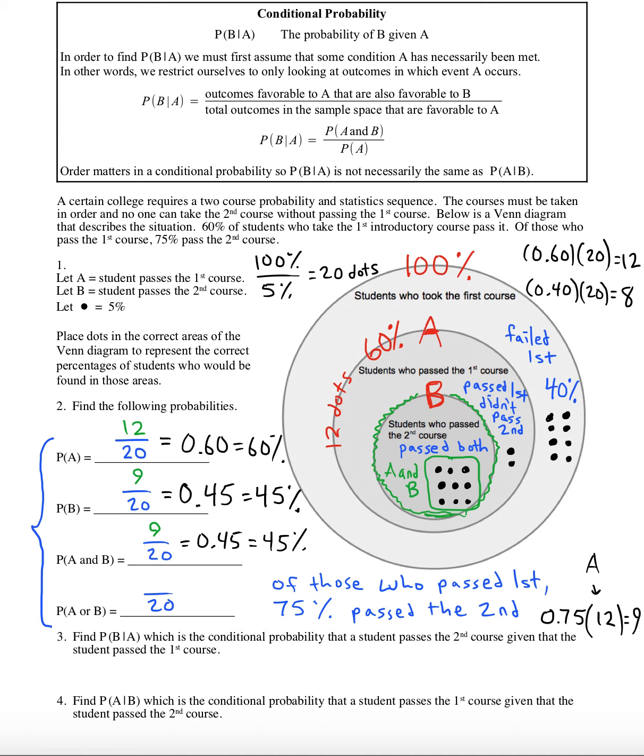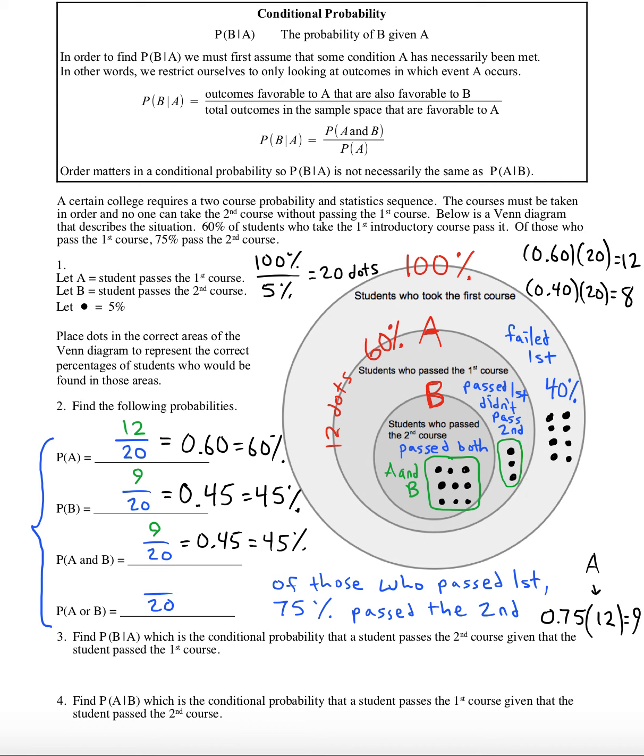And now let's find the probability of A or B. Oops, lost one of my dots. So for that, we can expand our bubble. The middle people will definitely count because they're in both A and B. And even these people will count too.